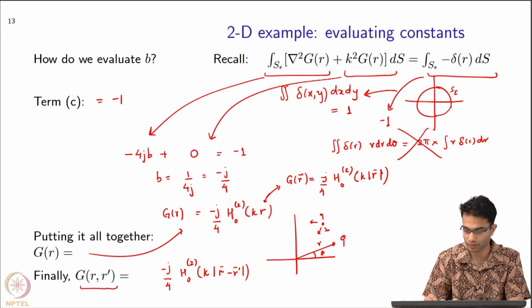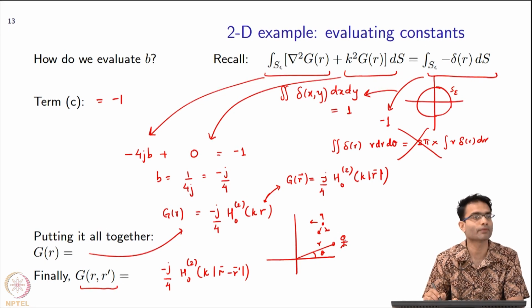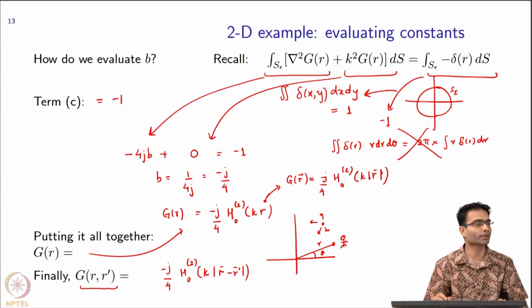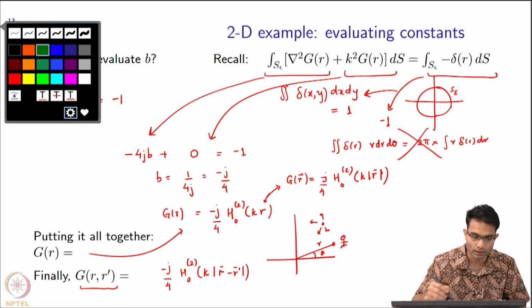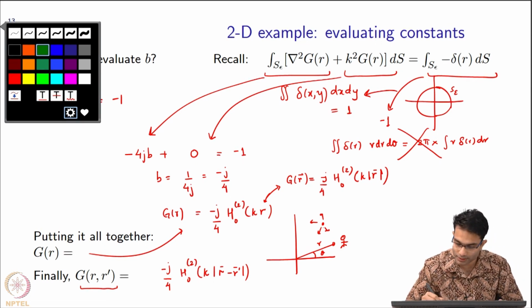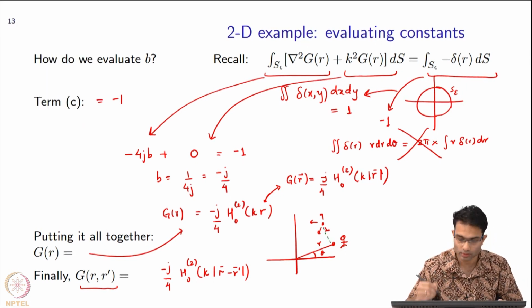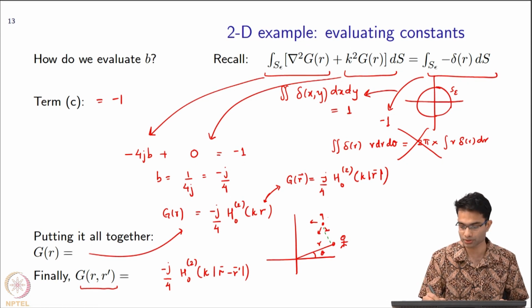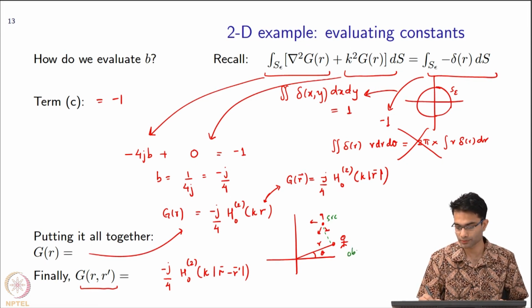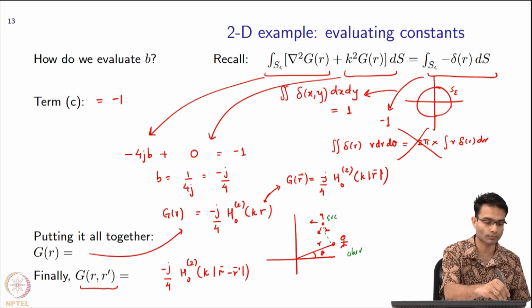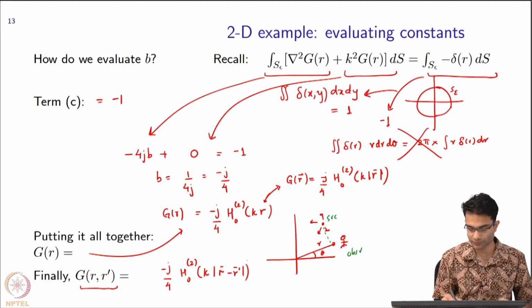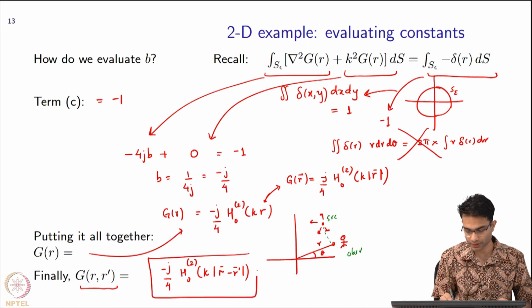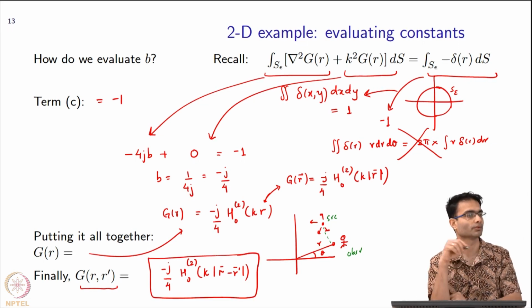So I would not have been able to remove the theta dependent terms. Okay, but finally all that matters is this distance, the distance between the source and the observer. All right. So this is the form of the 2D Green's function that we will use.